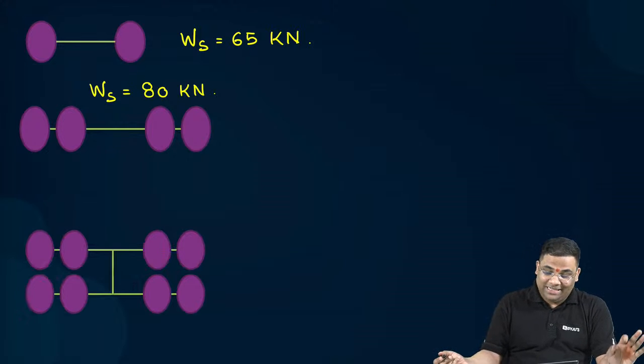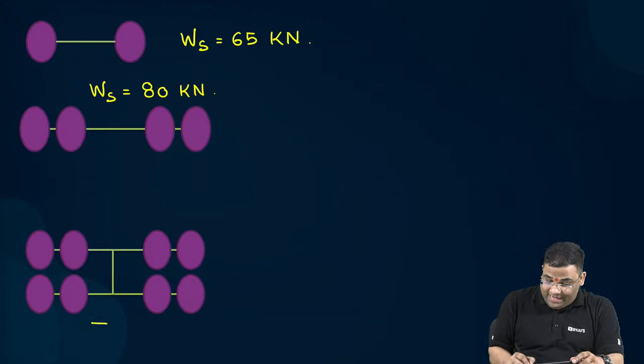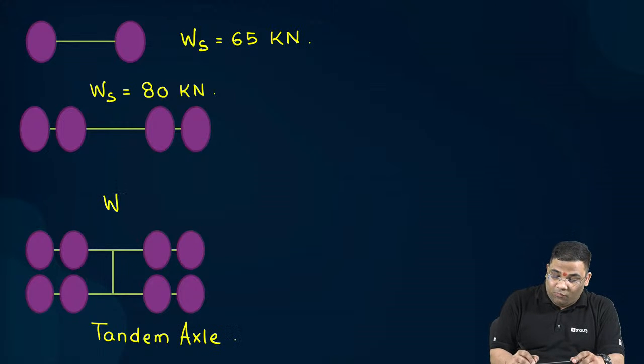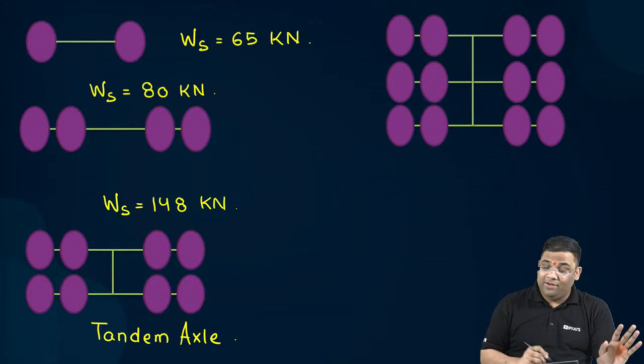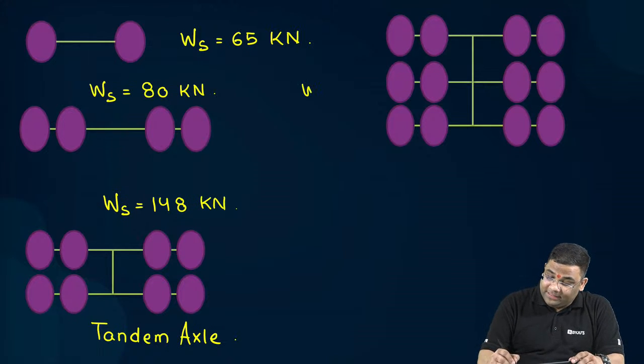Then the tandem axle is 148. You have to remember all these values. And then tridem, the standard axle load is 224 kilonewton.